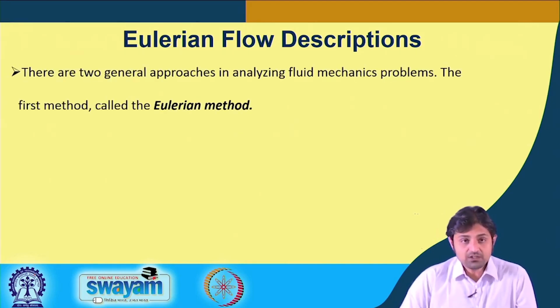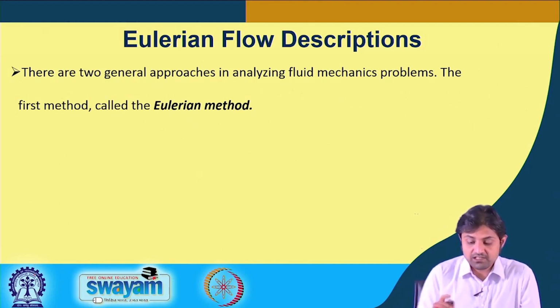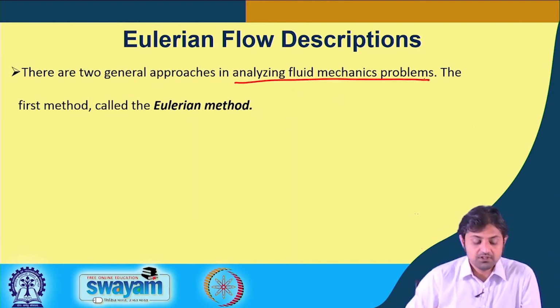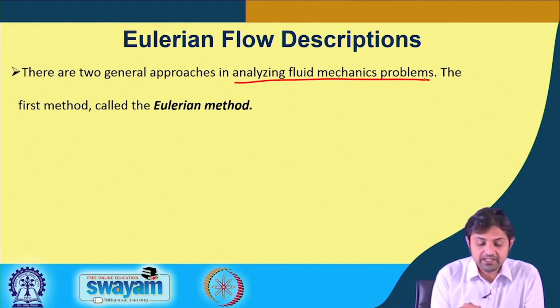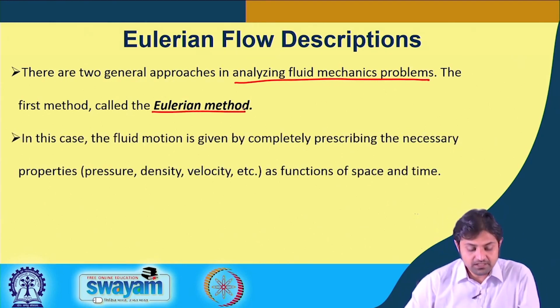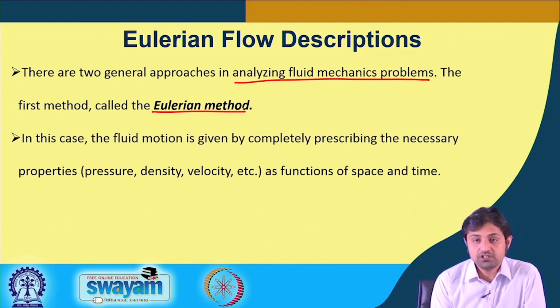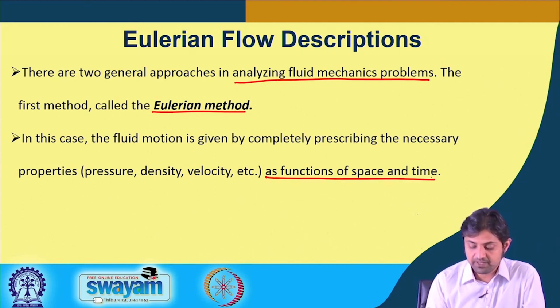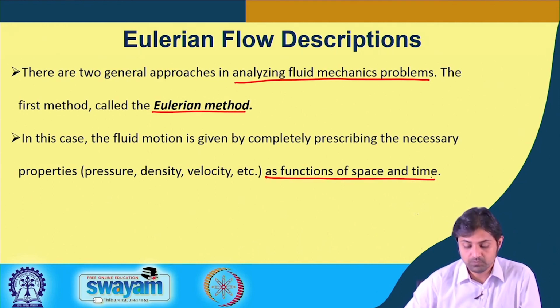So, as I told, there are two general approaches in analyzing fluid mechanics problems. The first method is called the Eulerian method. In this case, the fluid motion is given by completely prescribing the necessary properties as a function of space and time. Okay.